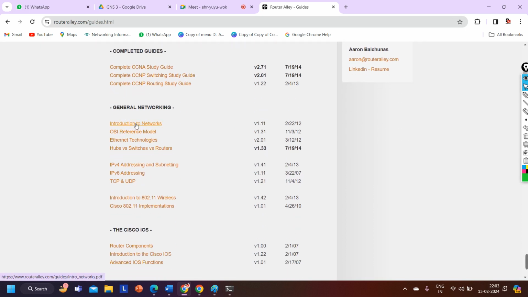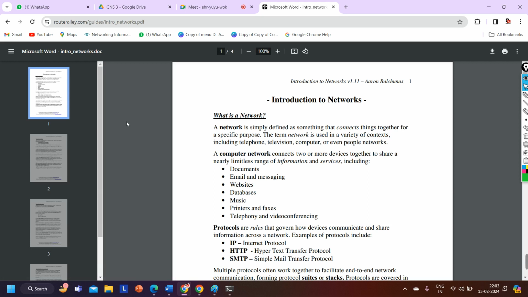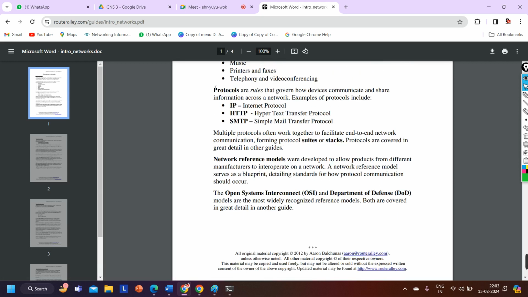There are topics like introduction to networks. Let's say I want to learn the introduction to networks or the OSI model, so I will click on this topic. One PDF will open in front of me, and here I can read what a network is and what is meant by protocol. As I told you, protocols are rules.